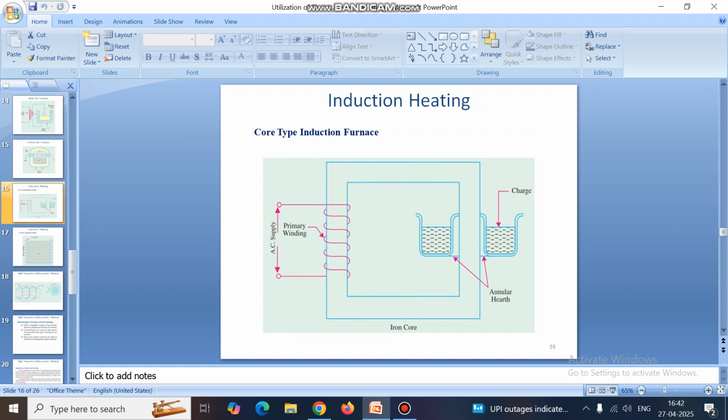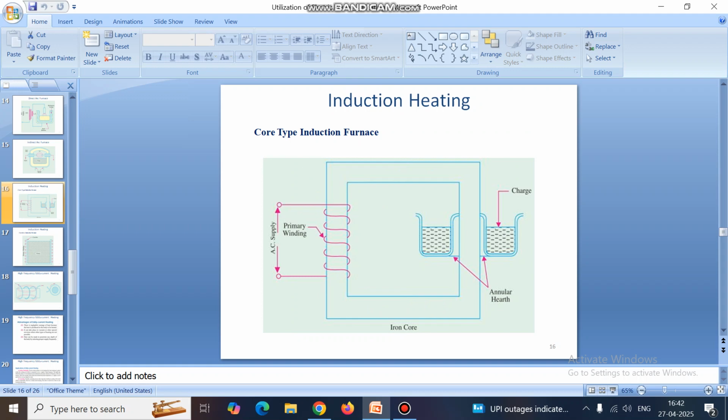Here we use a crucible, and this crucible contains the charge. This charge particle will be heated up by the transformer action, but there is no heating of the core, only this portion, the charge particle or secondary portion, will be heated up, and uniform heating can be achieved with this core type induction furnace.